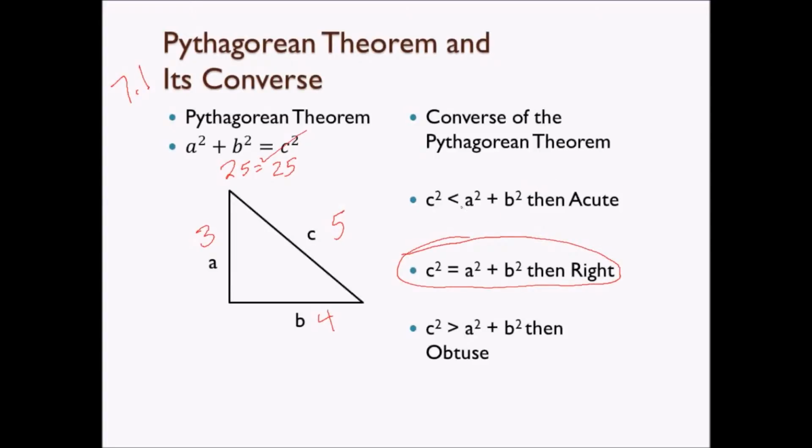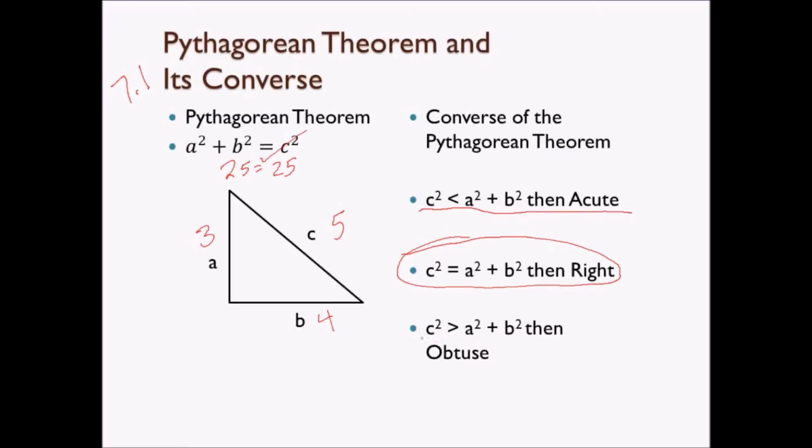If you plug in and you notice that your c squared is less than a squared plus b squared, then you have an acute triangle. You really want to write these three things down. If c squared is less than a squared plus b squared, you have an acute triangle.